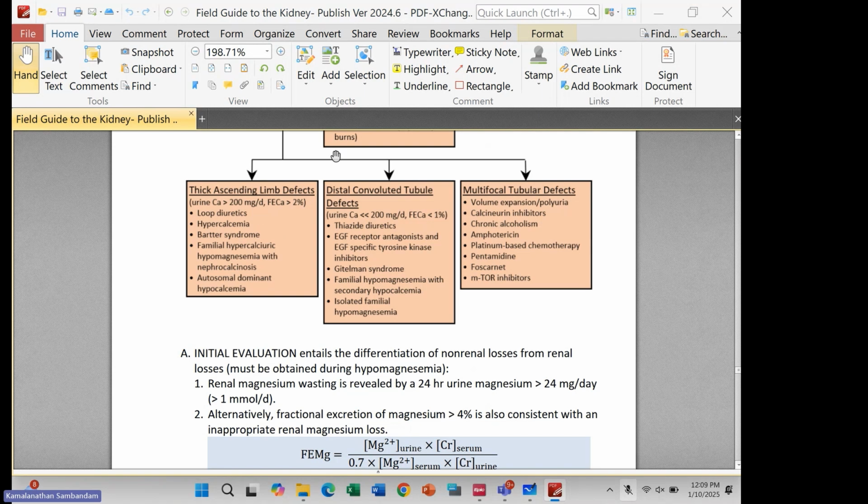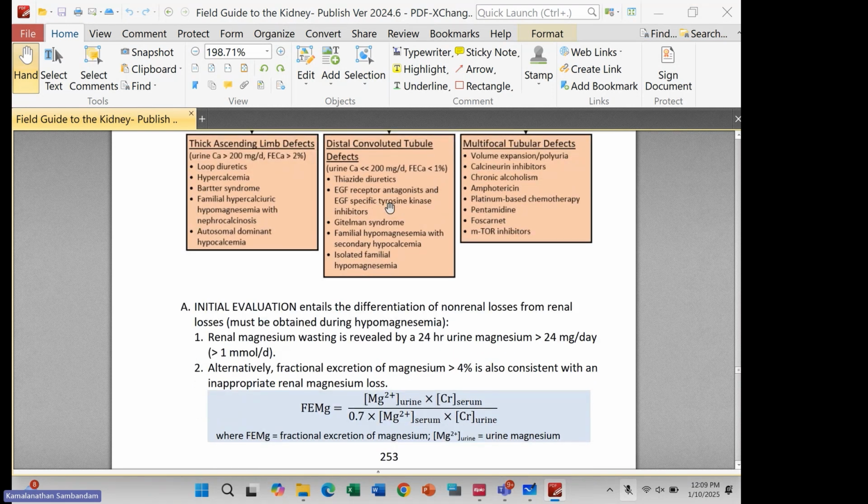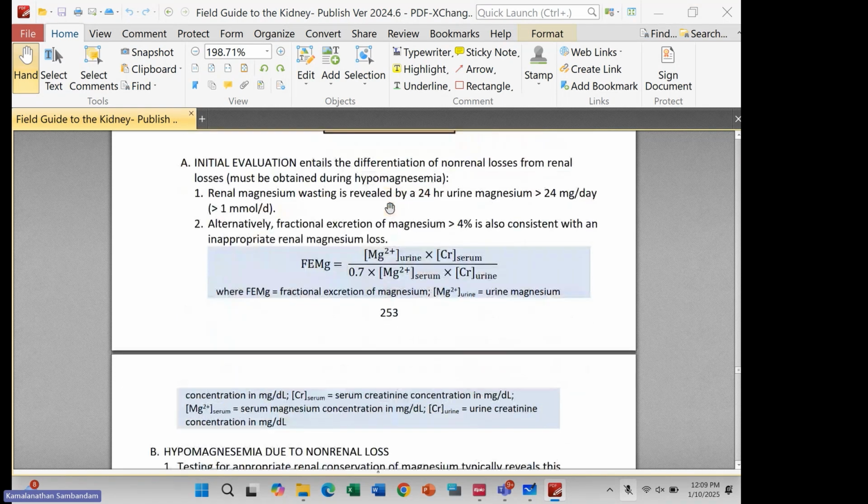So I have low urinary calcium when the defect is in the DCT, and when the thick ascending limb is responsible, I have a urine calcium that is not low. That's relatively high. So you'll use that same biomarker to target where the defect is when elucidating renal magnesium wasting. Okay, with that said, let's get through the text of the chapter.